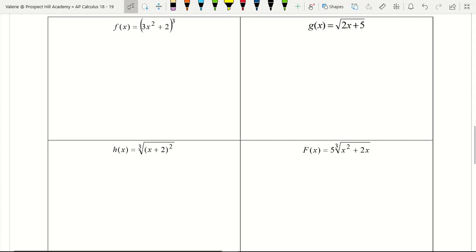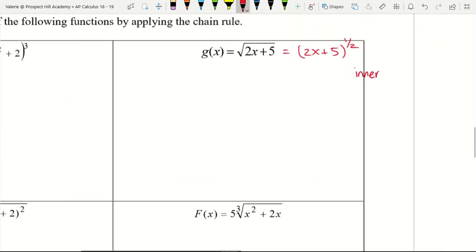All right, we're going to do just 3 problems on this page. So the first problem we're going to do on this page is g of x from the first row. So we're going to rewrite g of x so that we can see the chain rule, right? So we have an inner function and an outer function. Actually, let's start with our outer function.